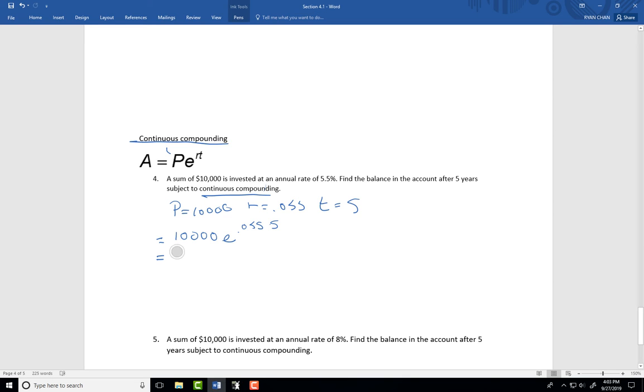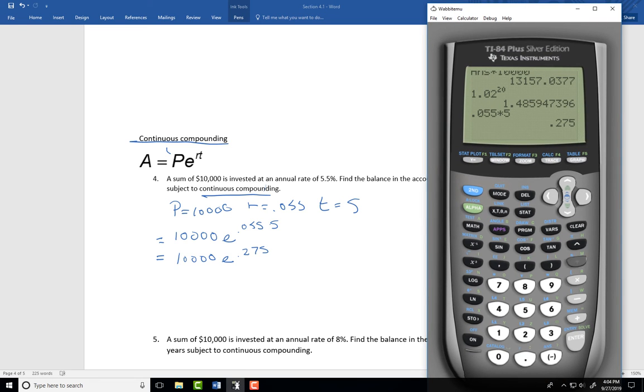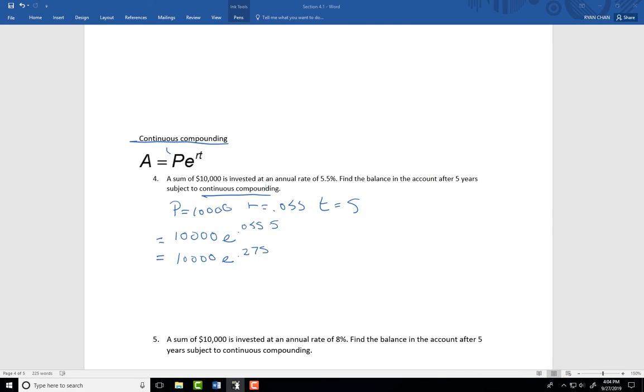I have 10,000 e to the 0.275. So I have $13,165.31 when I multiply.